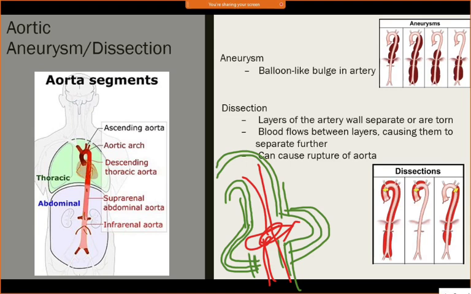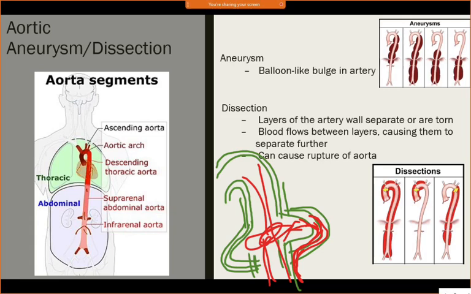With dissection, some of this blood flow actually pops through this wall and starts traveling down in the vessel wall, which really, really hurts. The vessel wall is not meant to have blood flow through it, and a dissection usually only happens in the aorta because the aorta is under such high pressure, that when blood flow starts leaving and going into the vessel wall, it creates a great deal of pain.